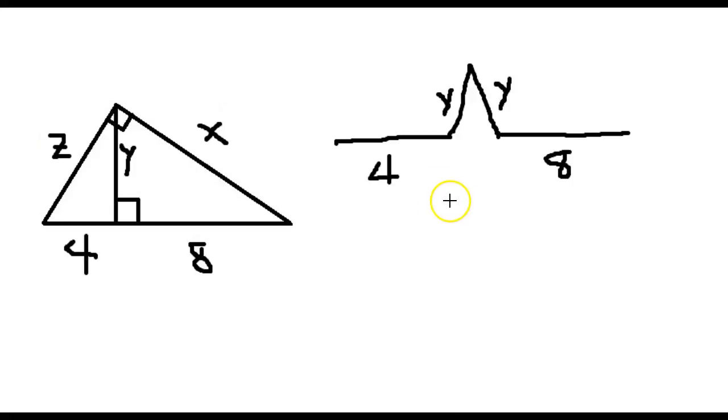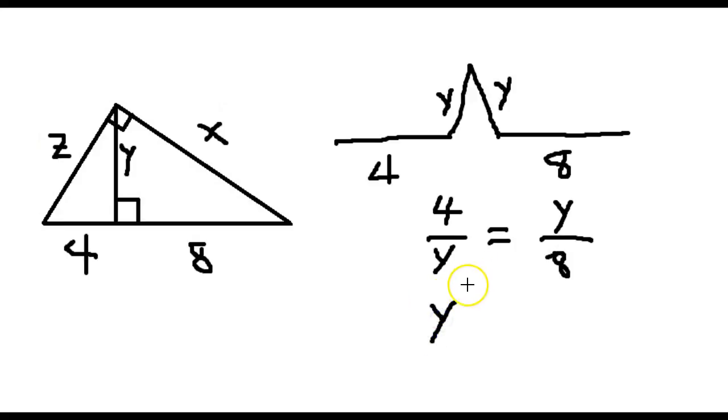That allows us to write the proportion 4 over y is equal to y over 8. We cross multiply, we get y squared is equal to 4 times 8, but 8 is equal to 4 times 2.